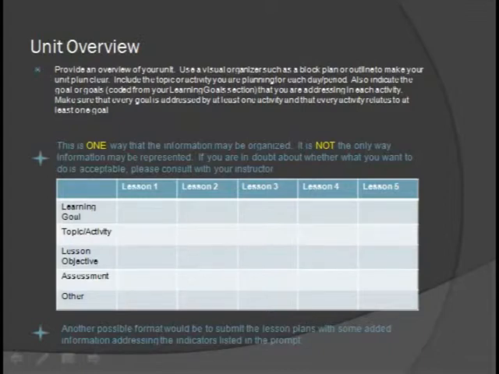You are not required to describe all of the activities. I'll talk about that in a moment, but you are required to list all of the activities that you will use. Then the lesson objective.